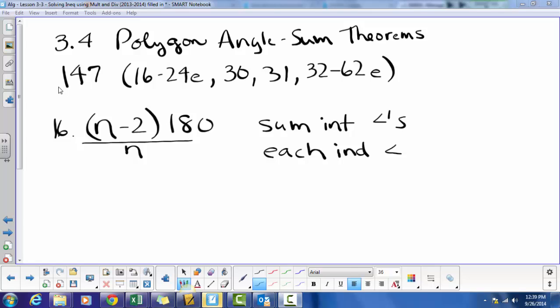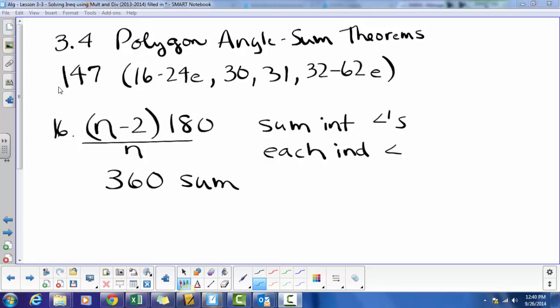Okay, so number 16, I have a quadrilateral, so 4 minus 2 is 2 times 180 equals 360.